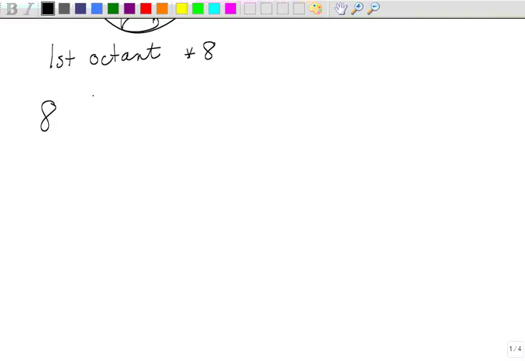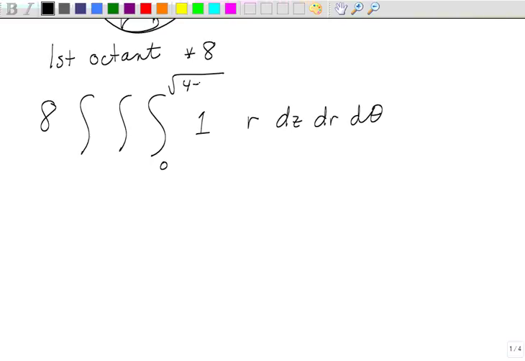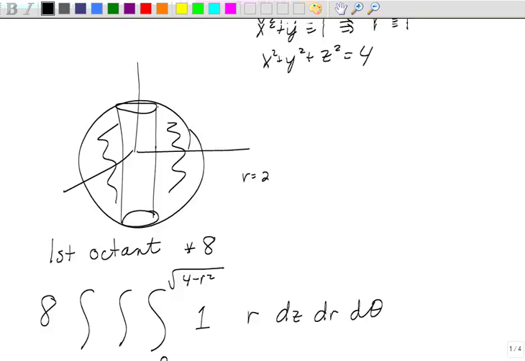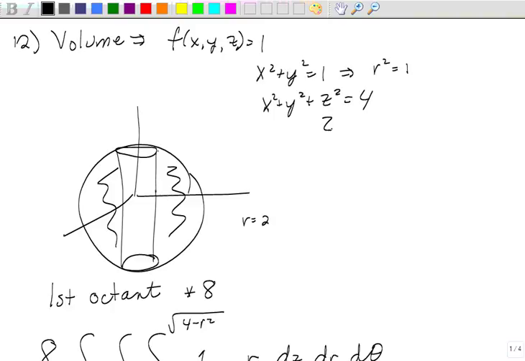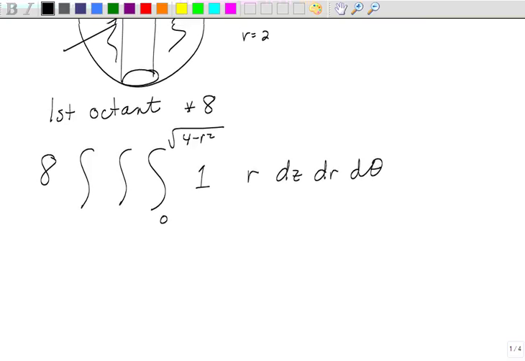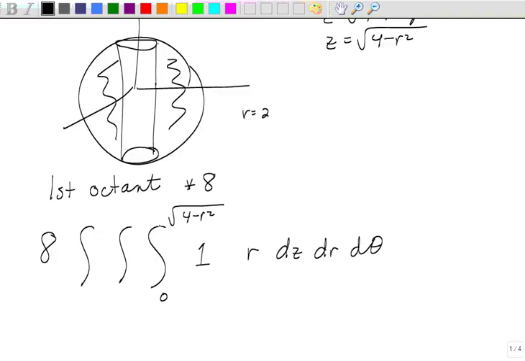So it's going to be 8 times the integral of 1 r dz dr d theta. Now z goes from 0 to the square root of 4 minus r squared, because that's what this is. In the first octant it's positive, so I don't need plus or minus. And let's see, r goes from 0 to 1.